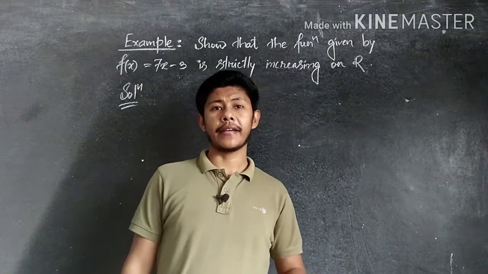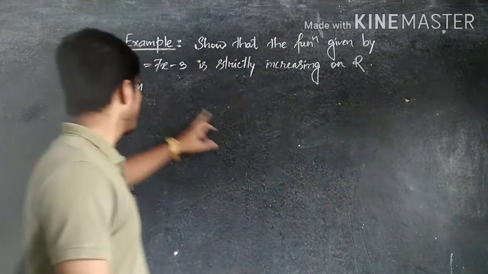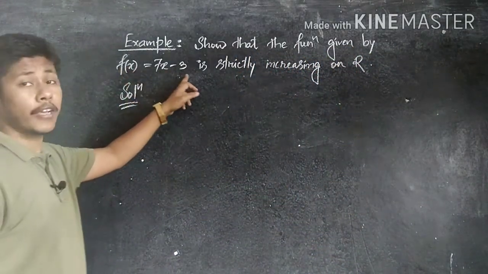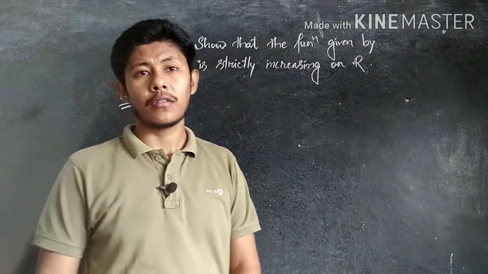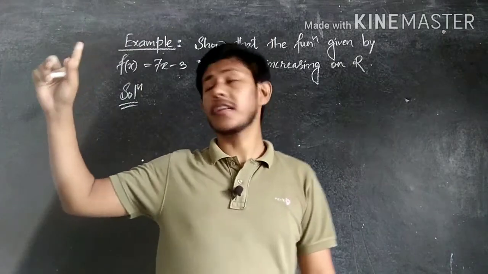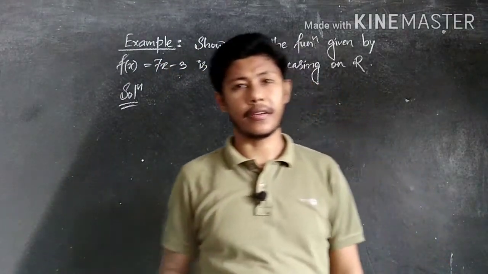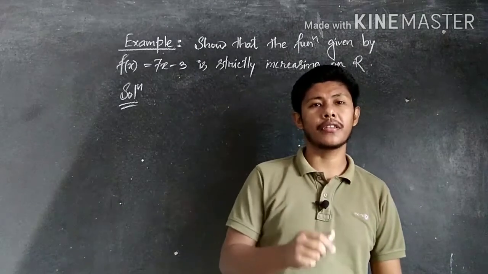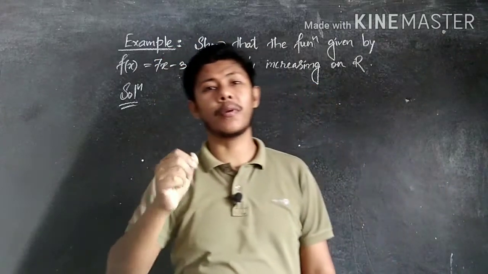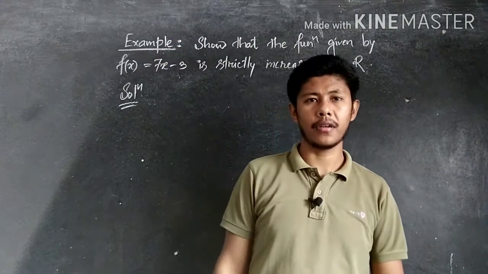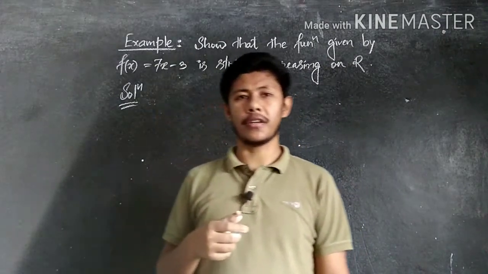Now let's take an example here. The function is given: f of x equal to 7x minus 3 is strictly increasing on R. So we have to prove that this function is strictly increasing in case of real numbers R. First of all, we have to know what is the condition of strictly increasing.